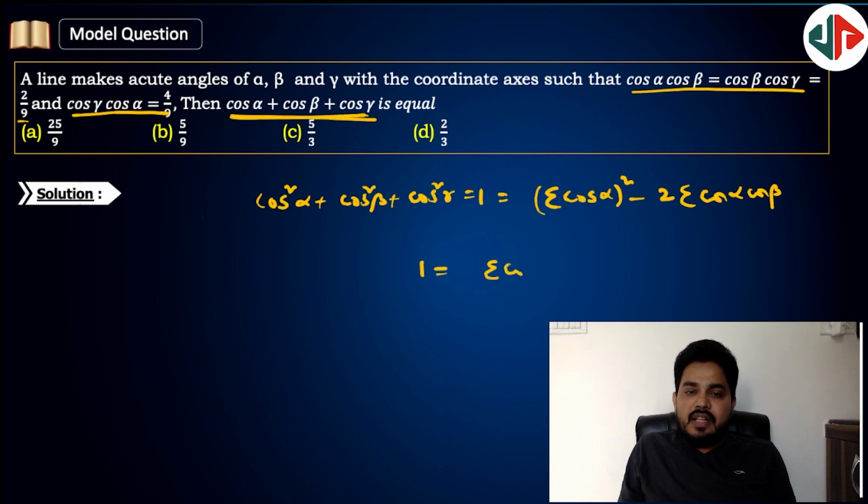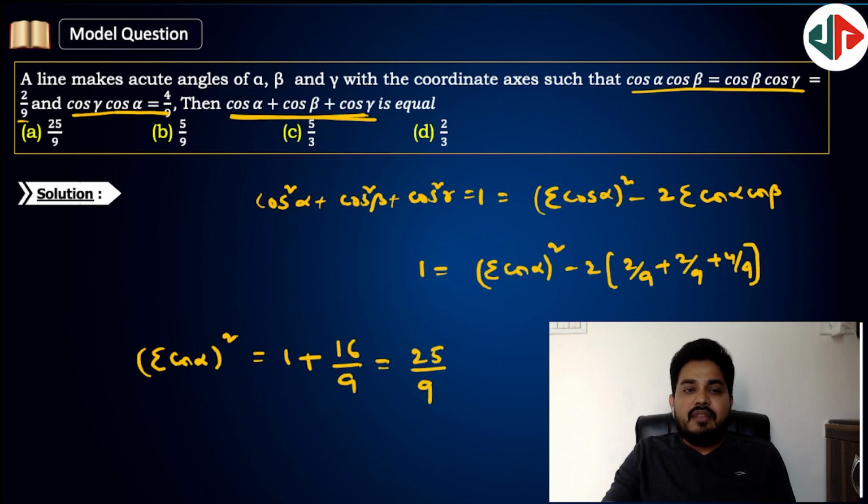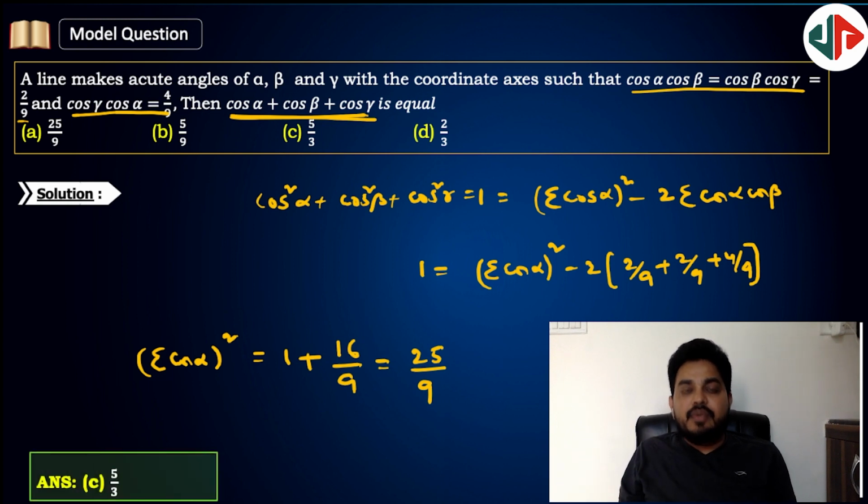So sigma cos alpha whole square minus 2 times of cos alpha cos beta is 2 by 9, cos beta cos gamma is 2 by 9, and cos gamma cos alpha is 4 by 9. So sigma cos alpha whole square is equal to 1 plus, this is 2 plus 2, 4 plus 8, so this is 16 by 9, which is equal to 25 by 9. So cos alpha plus cos beta plus cos gamma is equal to 5 by 3.